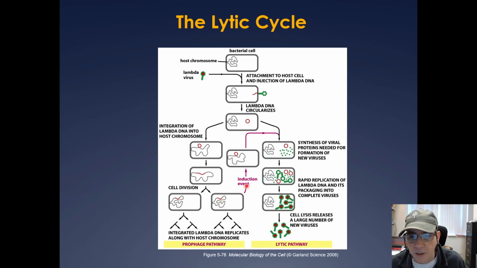But every now and then there's an induction event where the DNA gets kicked out of the genome, and all of a sudden it will start to replicate, and all of the phage proteins will be made. Eventually the DNA is packaged into the phage and the cell lyses, and that's called the lytic pathway.